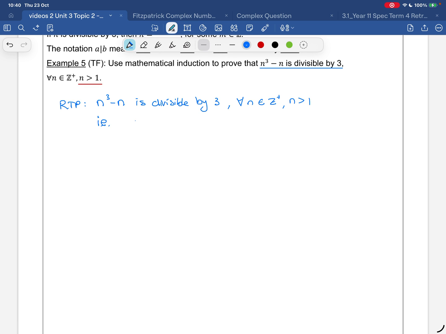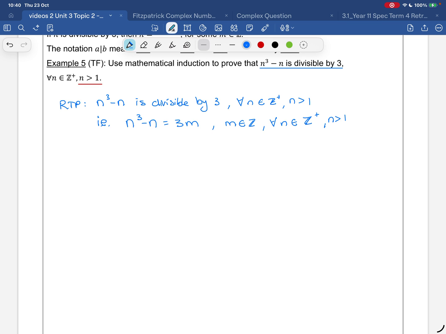So what we're saying is that n cubed minus n must be 3 times some other number m, and m is going to be some integer, and we are interested in all integer values of n greater than 1.